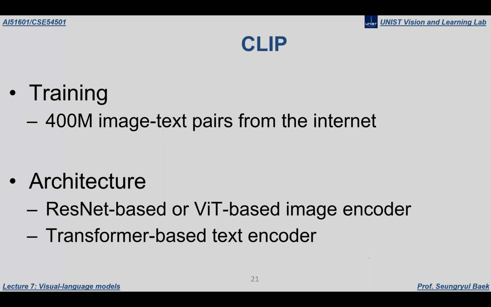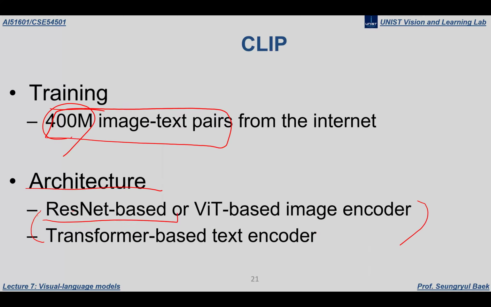Okay. And CLIP was trained using many image-text pairs obtained from the internet. So 400 million image-text pairs. There are two variants for the image encoder: actually, a ResNet-based image encoder and also a ViT, Vision Transformer-based image encoder.